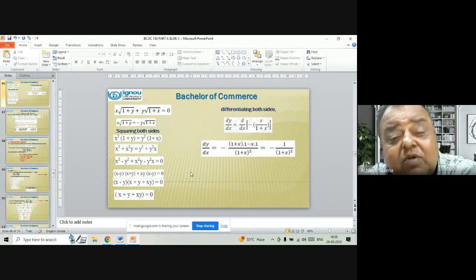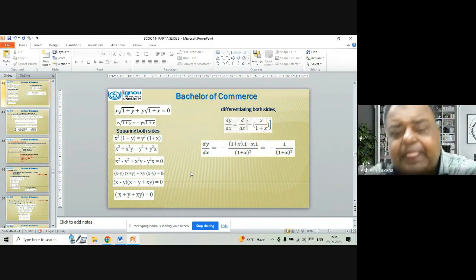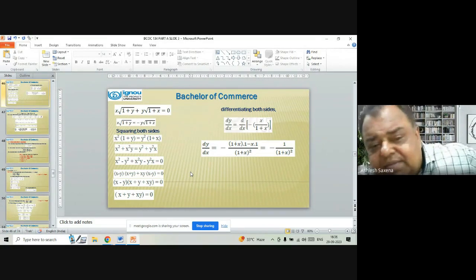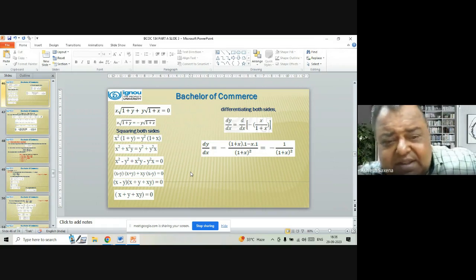Minus y whole square is y square, again 1 plus x. So now you are left with x square into 1 plus y equal to y square into 1 plus x. Open it up: x square plus x square y equal to y square plus y square x.